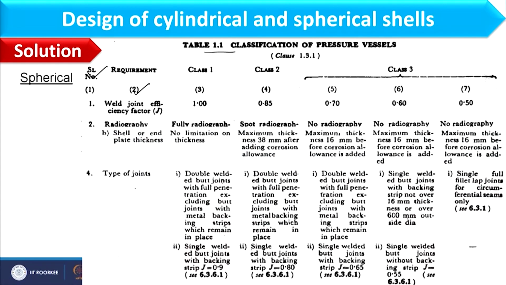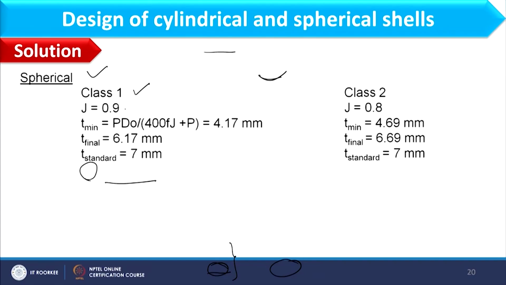When we further see this table, in the second page of this table we have point 4 where types of joints are mentioned, and here you see for class 1 single welded butt joint with backing strip is there, and J I can take as 0.9. Similarly for class 2 we can have value of J as 0.8.